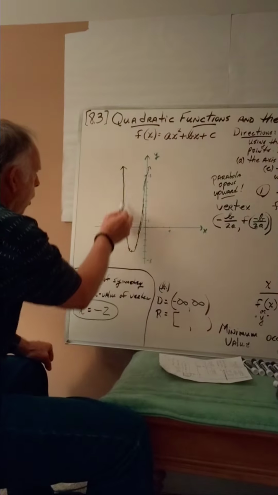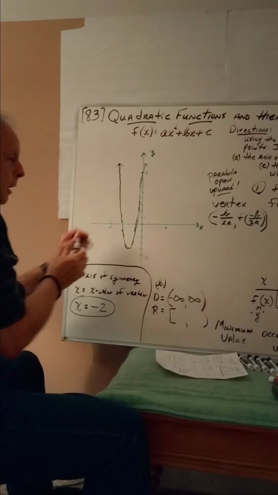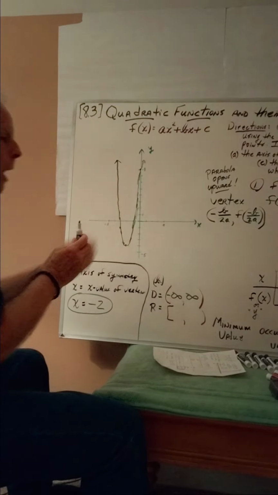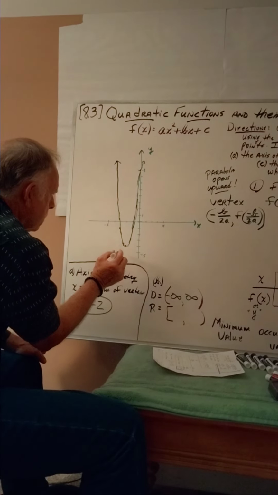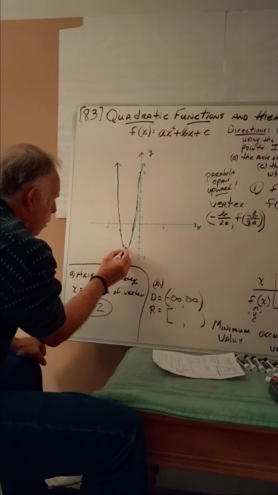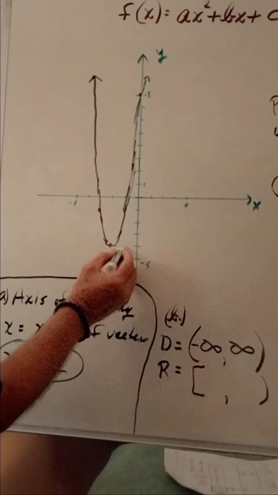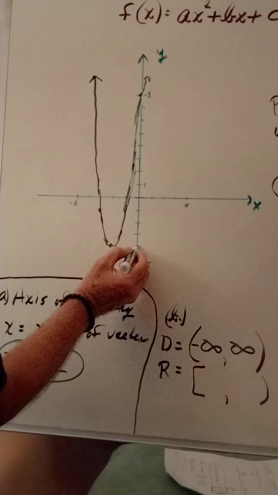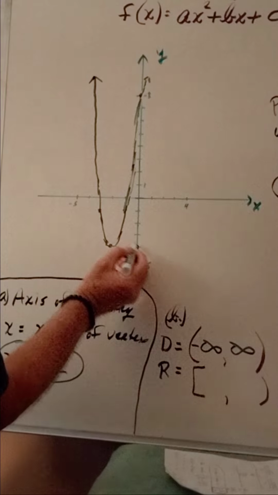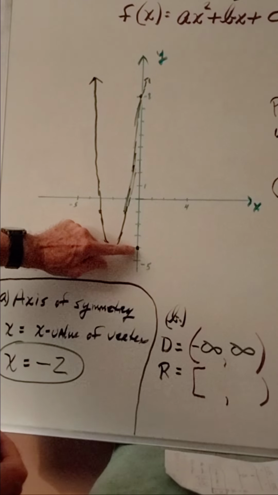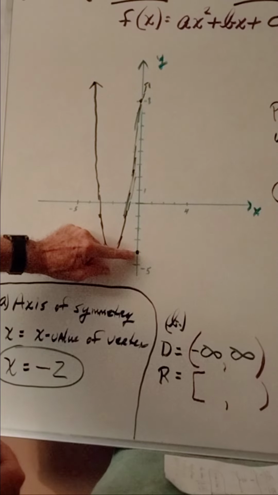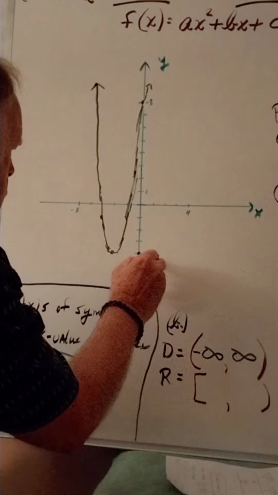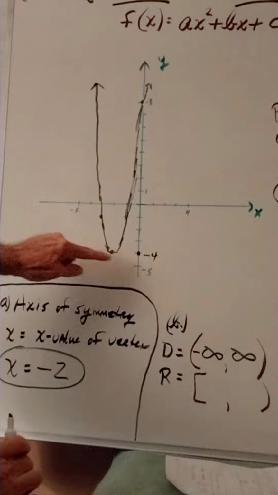We're going to take all of these points and move them over to the y-axis. We're going to start with the vertex. If you move that over to the y-axis, there is the least value of your range. This is the smallest value of your range, which happens to be -4.